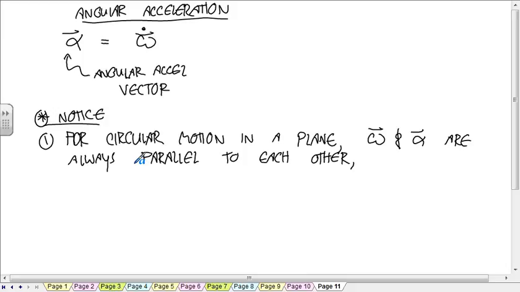And they're perpendicular to the plane. They point right out of the plane, perpendicular to the plane of motion.